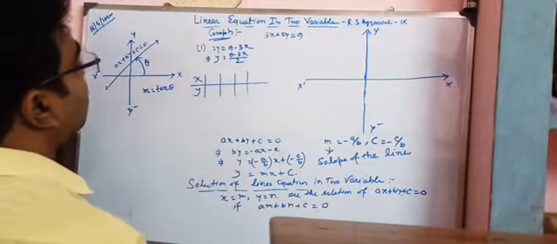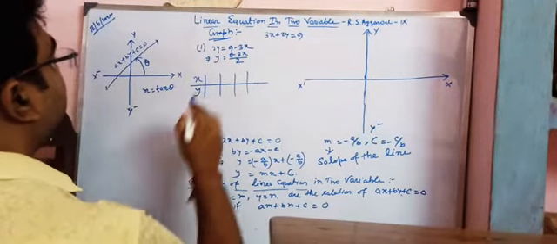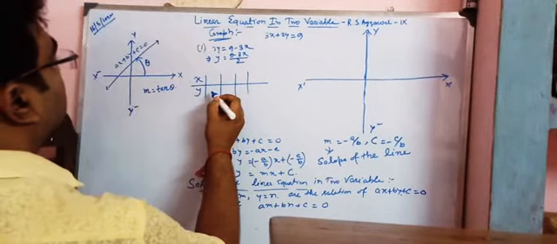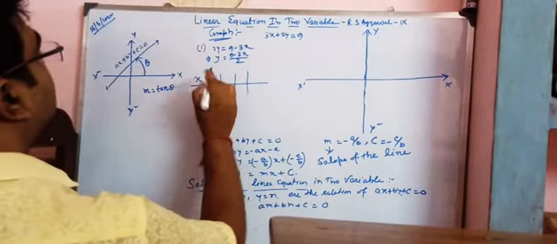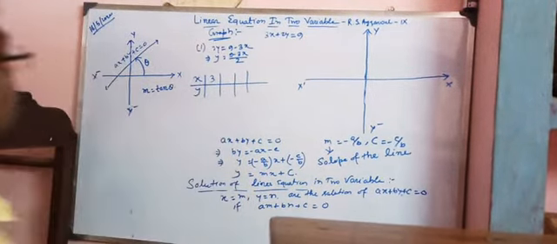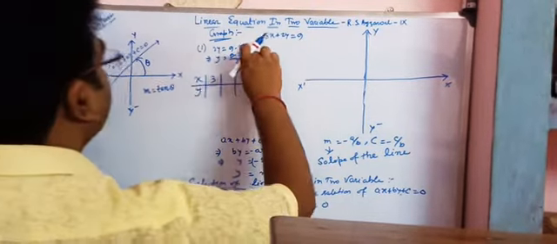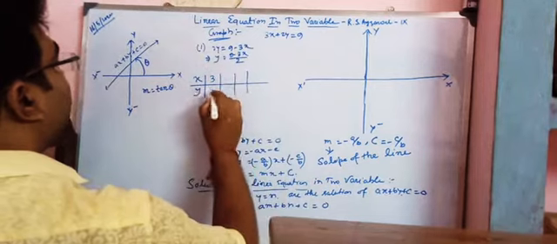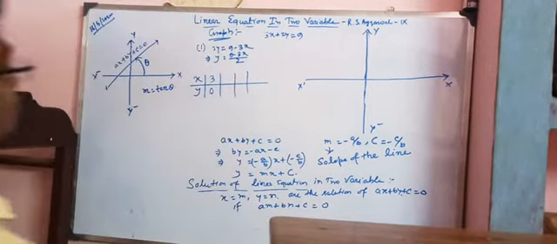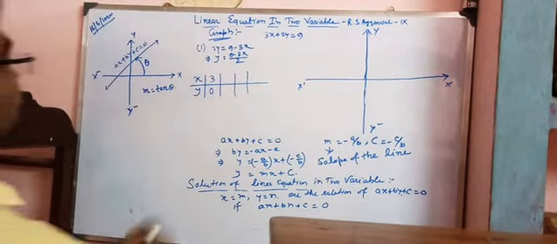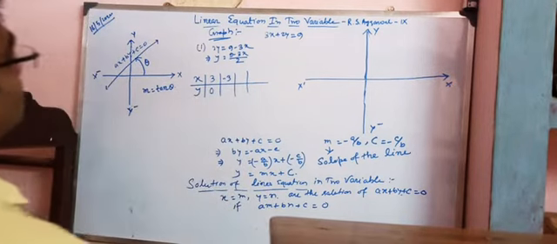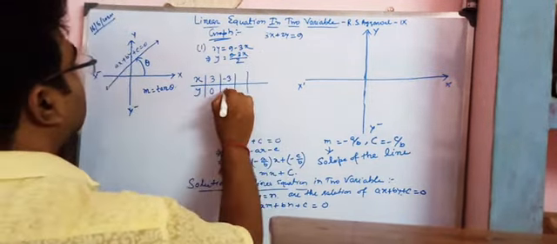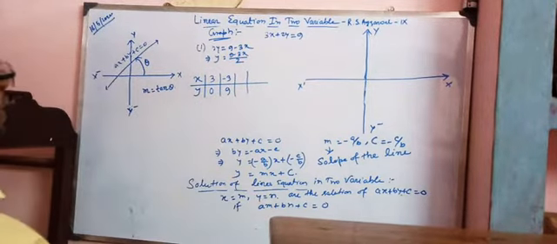Suppose we take x is equal to 3, then in the numerator 0 comes, so my value of y is equal to 0. Next we take x is equal to minus 3, so the value of y should be 9.